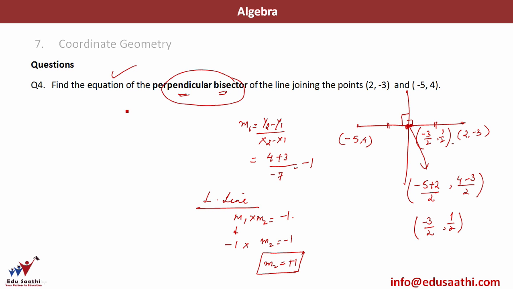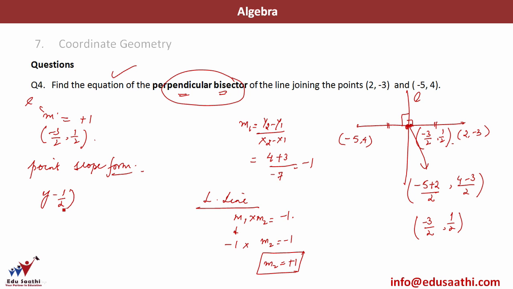That means this line L has a slope of plus 1 and is passing through the point (-3/2, 1/2). So again I can use the point slope form and get to my answer. If I use the point slope form, I get y minus y1 equals slope into (x minus x1).